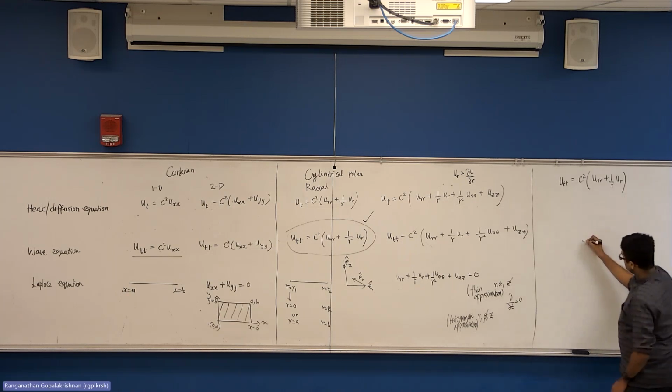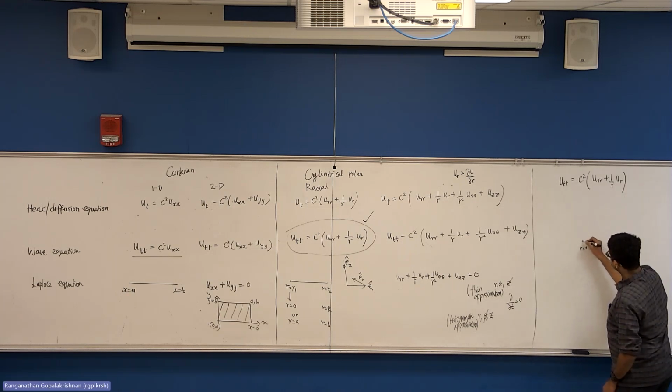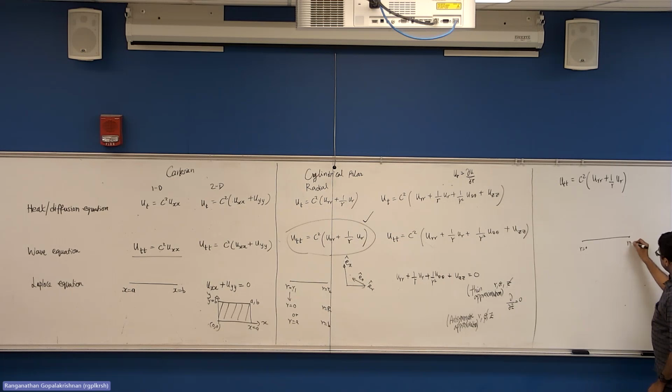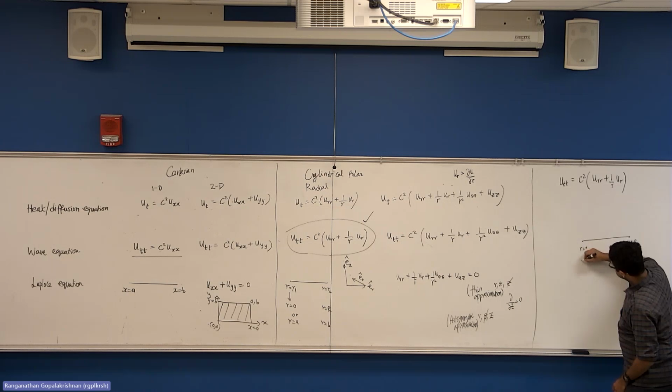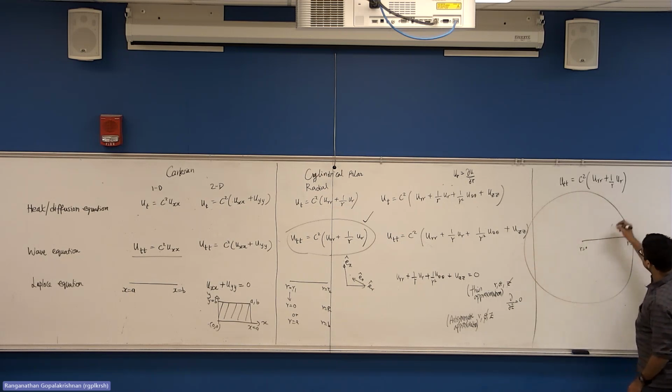So our domain, let's say, is r equal to 0 and extends from there to r equal to R. This is really a circle that you are dealing with, except you ignore the theta dependence, and it's also not a cylinder by ignoring the Z dependence.